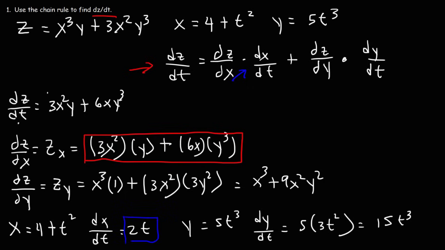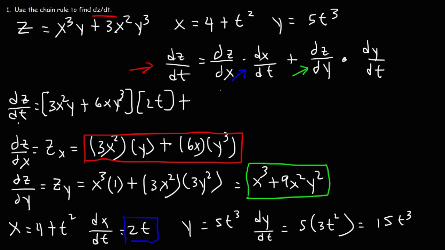So let's put this in brackets and then multiply this by 2t. Next, we have the partial derivative of z with respect to y, and that is this answer here. So that's x cubed plus 9x squared y squared. And then we have dy/dt, which is 15t cubed.